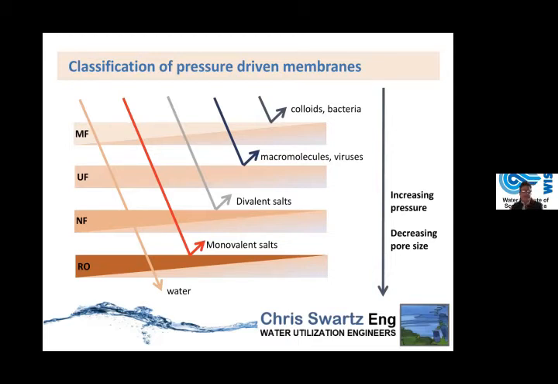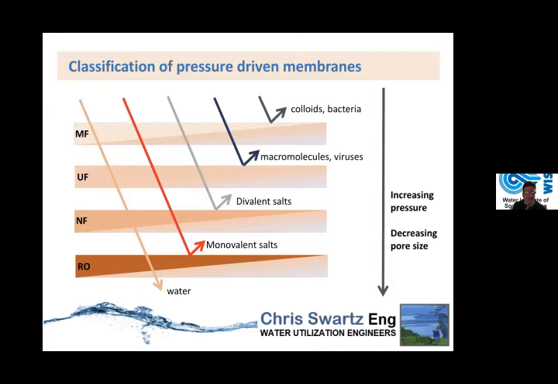On your microfiltration on the top, it won't let through your colloids, so you'll remove your colloidal material, or your fine turbidity, and some of your bacteria as well, say 70 or 80%. With ultrafiltration, you can remove some of your macromolecules in addition, and some viruses.